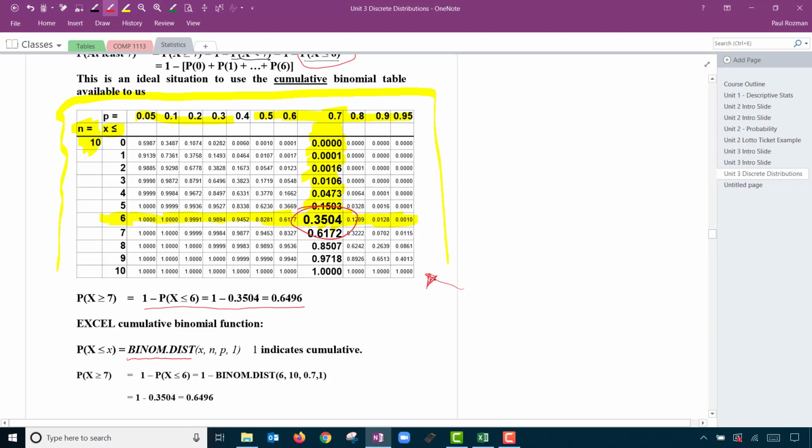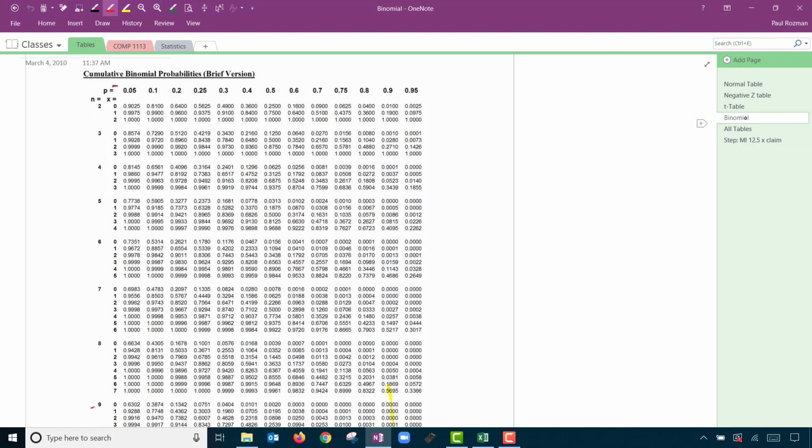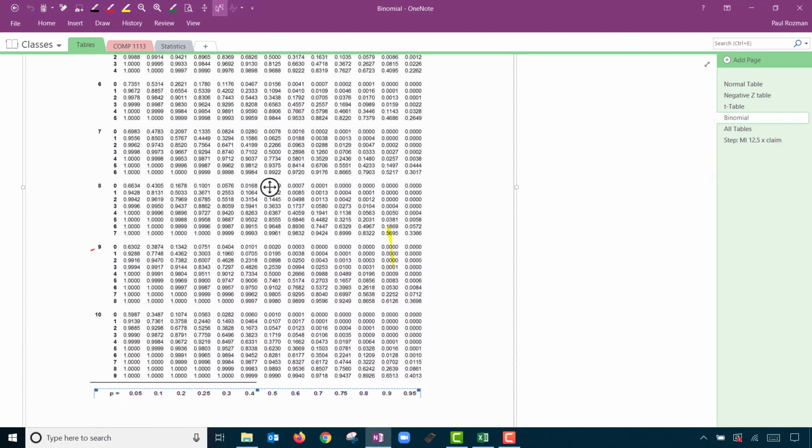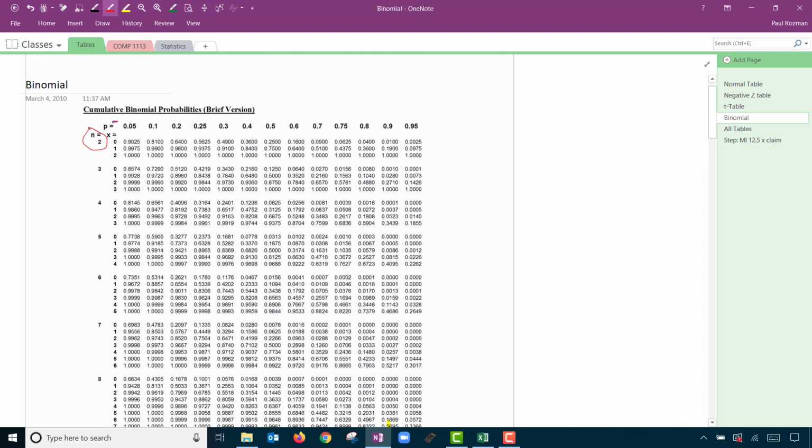In your formula packet, you will be given a set of tables. You'll have a bell curve table, you'll have a t-table, you'll also have a binomial table. The one that we just used was right here. Basically, there's a different table for each n.